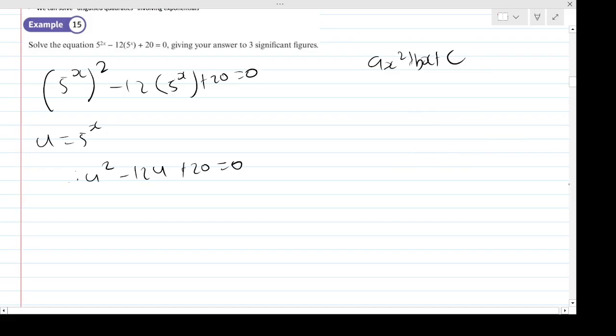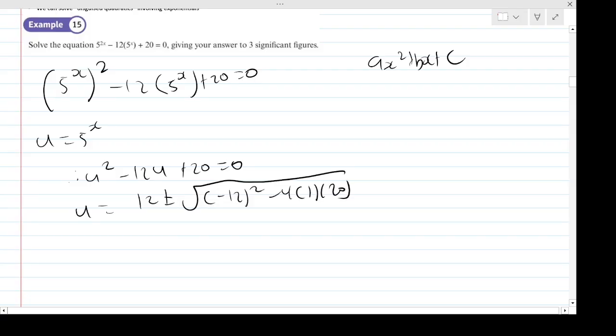So at that point we can solve it. If I use the formula, that would be 12, plus or minus the root of minus 12 squared minus 4 lots of 1 of 20, over 2 lots of 1. And so if I put that in the calculator, I get u is 10, or u is 2.